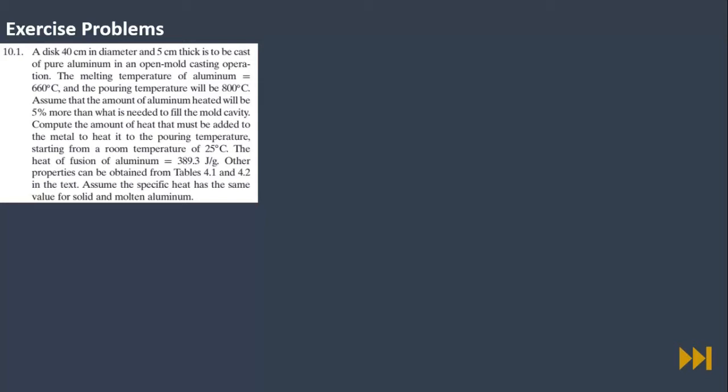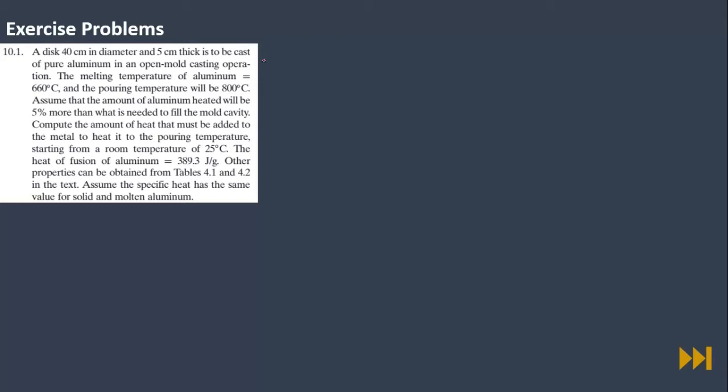Assume the amount of aluminum heated will be 5% more than what is needed to fill the mold cavity. Compute the amount of heat that must be added to the metal to heat it to the pouring temperature. So we need to calculate the heat that is required to be supplied to achieve the pouring temperature of 800 degrees centigrade for this pure aluminum.